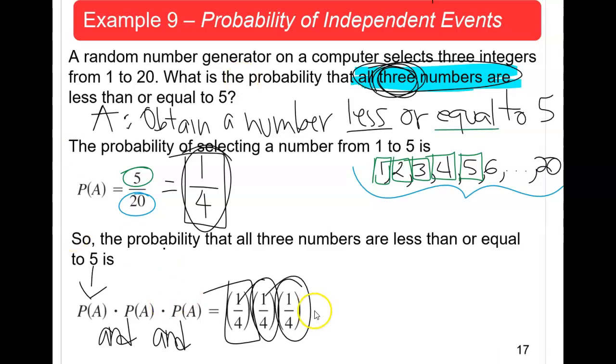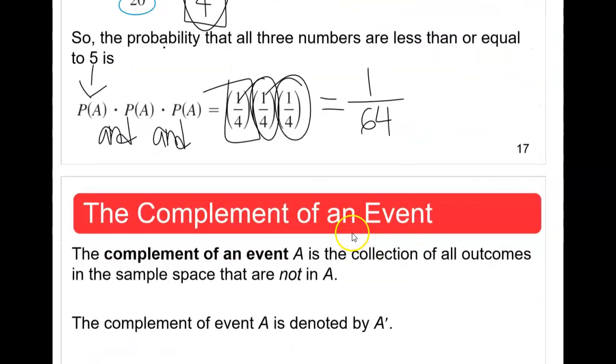I think I said it 4 times, but it's only 3 times because we have 3 numbers. If we multiply all of that, remember we must multiply straight across horizontally. So 1 over 4 times 4 times 4 is 64, and that will be the answer in exact form. If an approximation with decimals is required, make sure you divide 1 over 64 and round accordingly to the question.